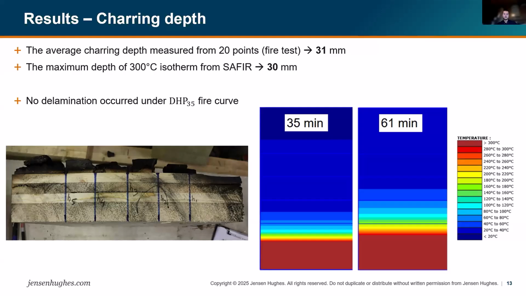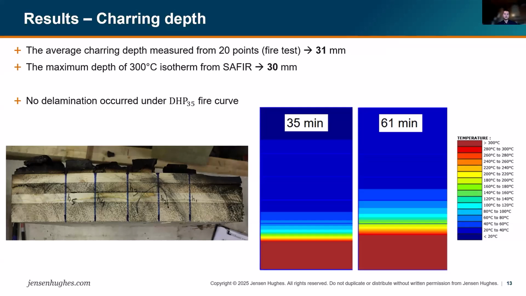And here you can see the snips from SAFIR or Diamond: at 35 minutes, which was of course the start of the cooling phase, there was around 22, 23 millimeters of charring, and eventually at 61 minutes, the maximum depth of the 300 isotherm was approximately 30 millimeters.